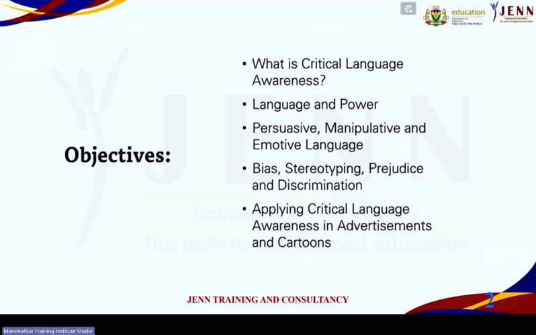We will focus on persuasive and manipulative language, and we'll look at emotive language. Bias, stereotyping, prejudice, and discrimination will also be discussed. And we will see how we can apply critical language awareness in our exams, specifically in the advertisement and cartoon questions.